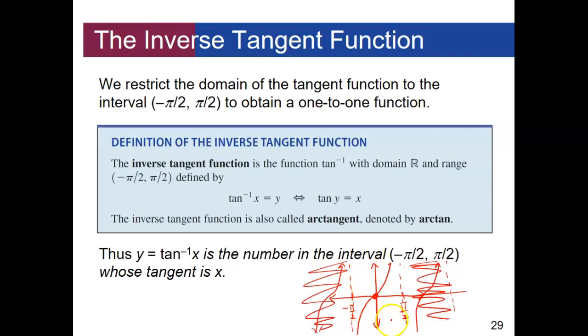So this is the graph that we're going to look at for our trig function so that it passes the horizontal line test. So the domain for this one, when we restrict it, is going to be from -pi/2 to +pi/2, and the range on that restricted one is -infinity to +infinity.